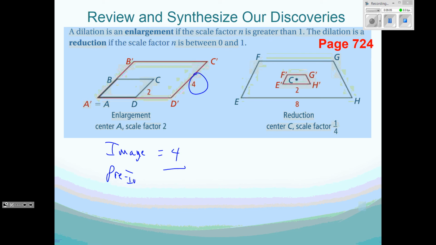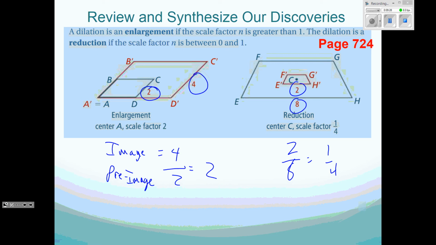Pre-image is 2, so I get a scale factor of 2, right? Image over pre-image, okay? If I do the same thing over here, image is 2, pre-image is 8. So 2 over 8 gives me 1/4, right? Just to make sure that we're on the same page about how we're finding this, okay?